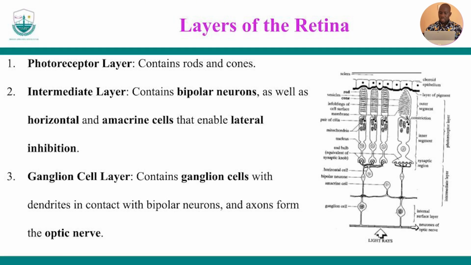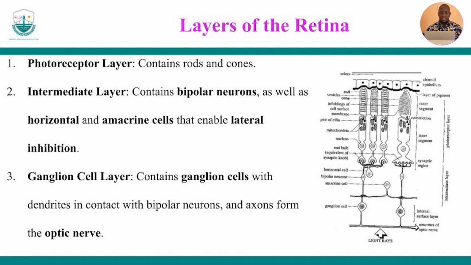And then down here, we have the ganglion cell layer. Okay, so we have ganglion cells that connect. So we move from photoreceptors, then we move to bipolar neurons, and then we move to ganglion cells. Okay, remember the layer where you have the synaptic region is within that, where you have the amacrine and the horizontal cells.